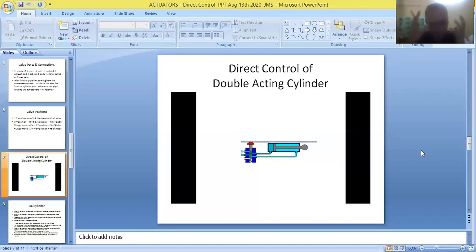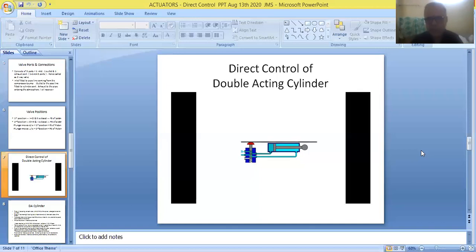So DC valves are very essential, whether it is a single acting cylinder or a double acting cylinder. It can be a hydraulic cylinder or it can be a pneumatic cylinder. Whatever may be the case, DC valves are very essential for operating and controlling single acting as well as double acting cylinders. Also, they are used for controlling hydraulic as well as pneumatic cylinders.